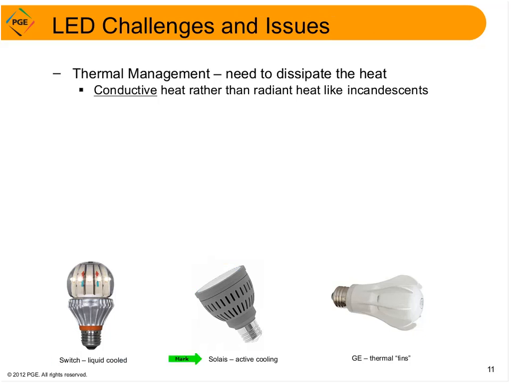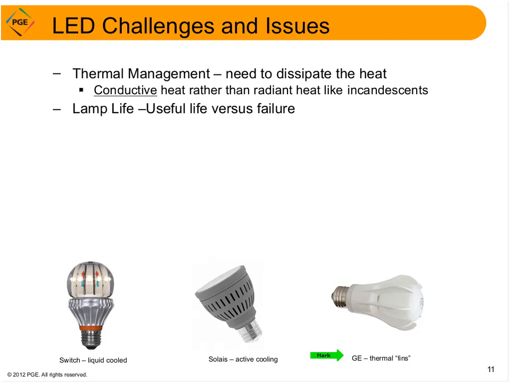This company called Soraa actually has tiny fans within their lamps to get rid of the heat. The more common type of heat extraction is by having some kind of thermal fin attached on the fixture or the light source in some way, as illustrated by this lamp bulb from GE.